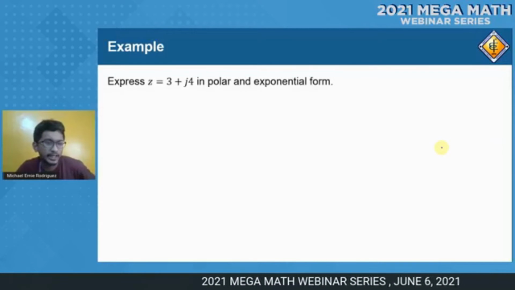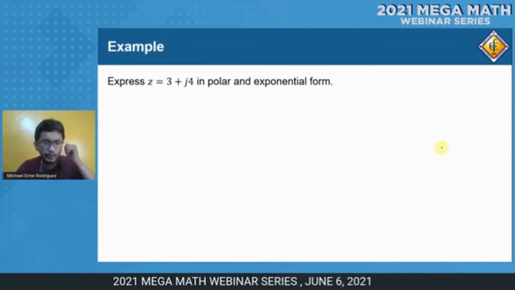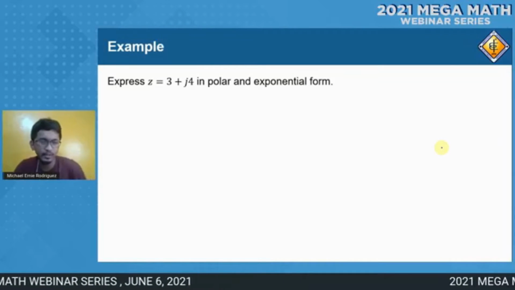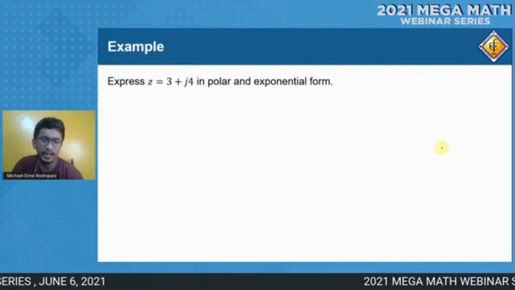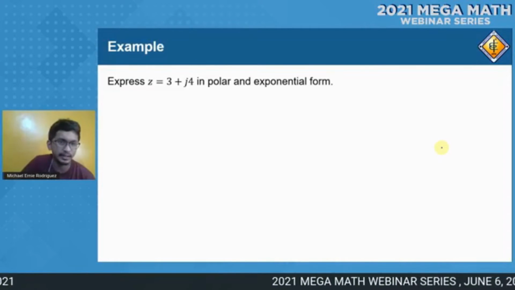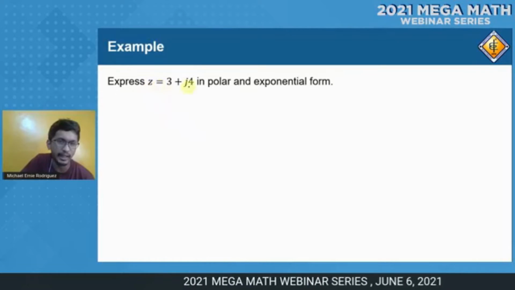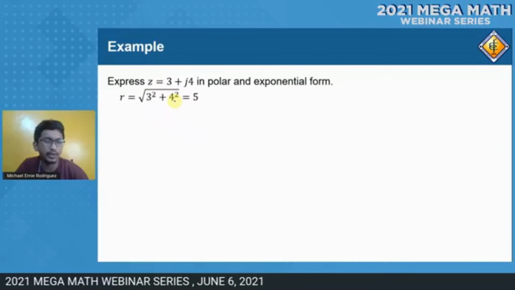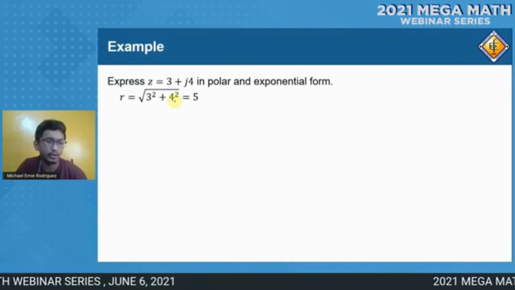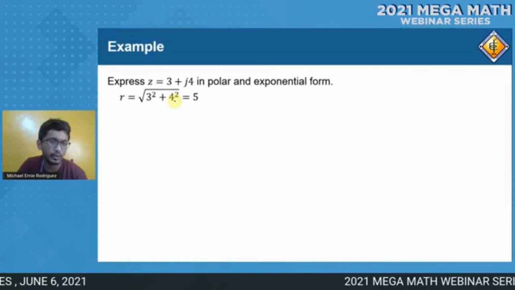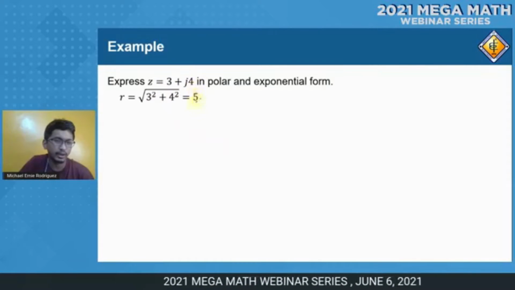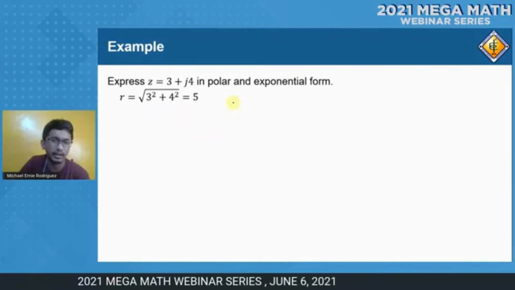Express z equal to 3 plus j4 in polar and exponential form. This is given in rectangular form. First we solve for r, or the modulus, that is the square root of 3 squared plus 4 squared, so r is 5.